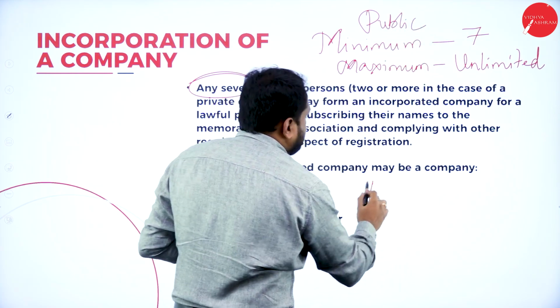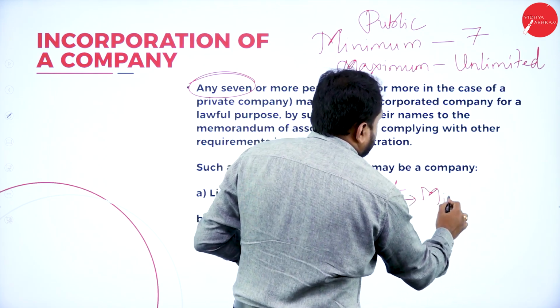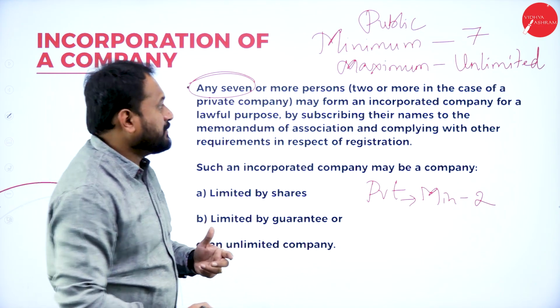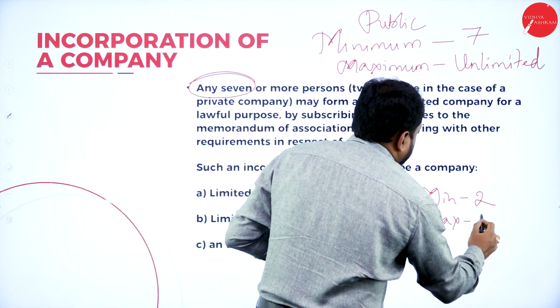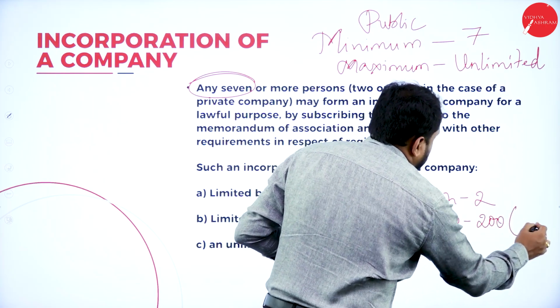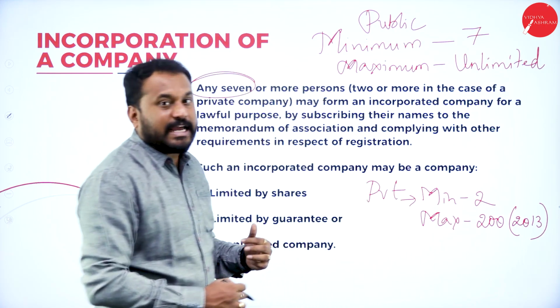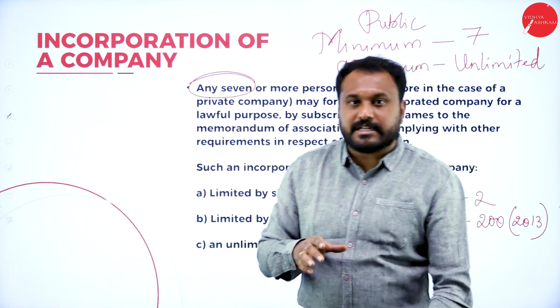And when we go with a private company, the minimum is 2, and the maximum is 200. Now this is according to the 2013 Companies Act. Earlier we had an act called the 1956 Companies Act.